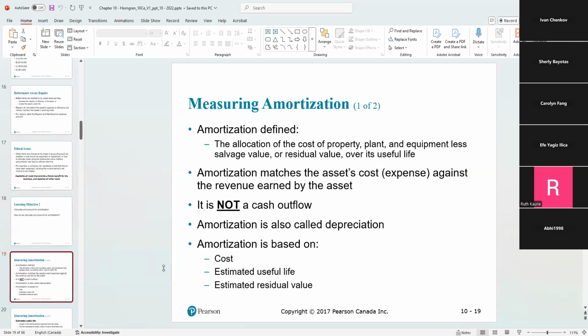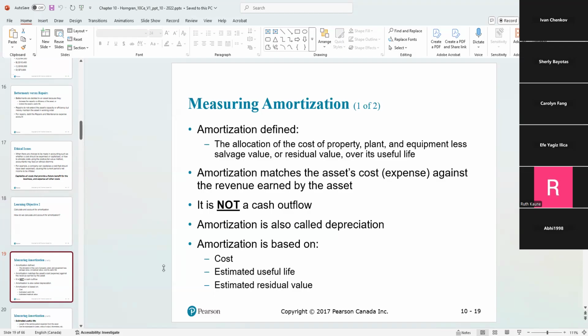Now, how we're going to calculate the amortization, that's a different thing. One thing you should know, amortization is not a cash outflow. In other words, you cannot go in the store and buy amortization.